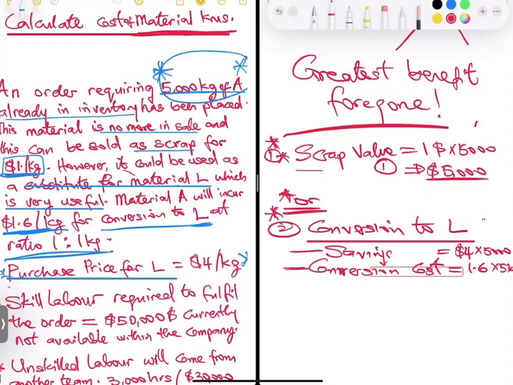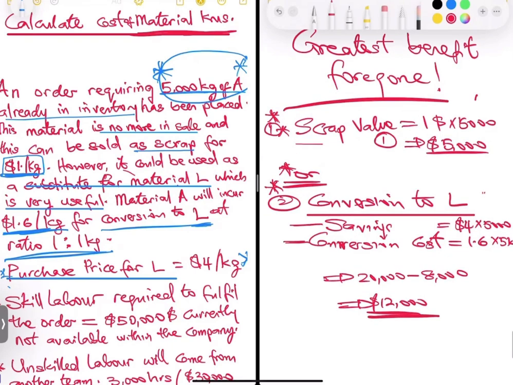So the net position for doing conversion will be 20,000 minus, can someone give me the other figure? 1.6 times 5, 8,000. And that is $12,000. So this is the second benefit.